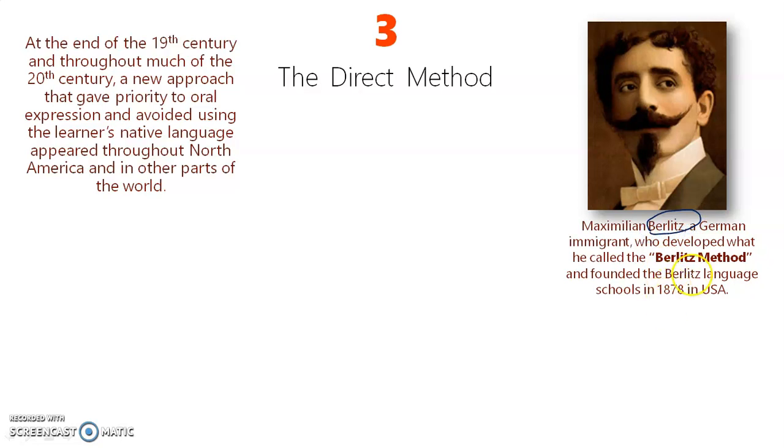And he founded the Berlitz language schools in 1878 in the USA. Note that the Berlitz method, or the direct method, is still used in many language classrooms nowadays, and the Berlitz schools and centers are still there. We even have one here in Lebanon, in Beirut.